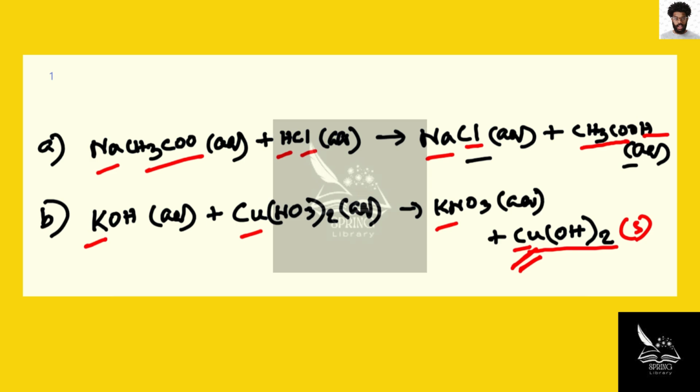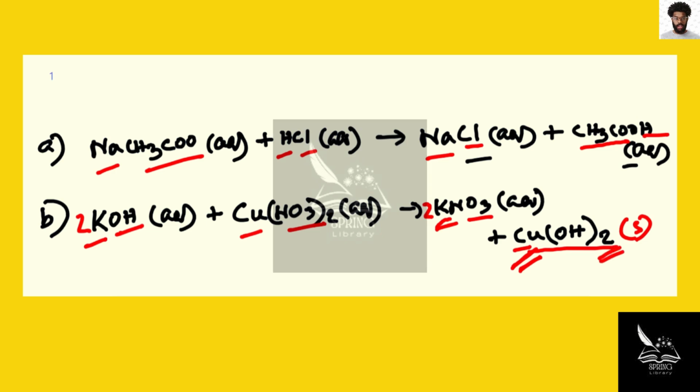Then we have two nitrates here and one nitrate here. That means we have to add a two here. Now we have two nitrate, but now we have two potassium also. That means we need two potassium on this side also. And since we have added two potassium, that means we have two hydroxide now. And on this side we also have two hydroxide.